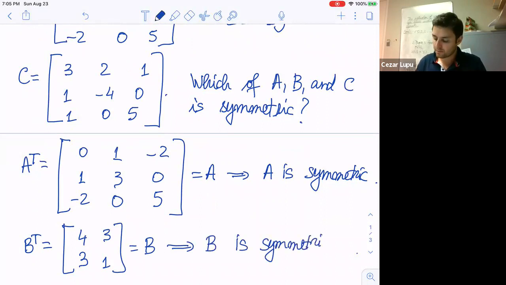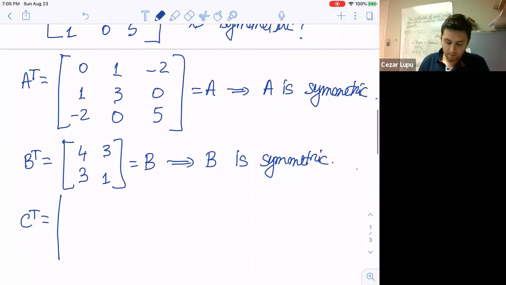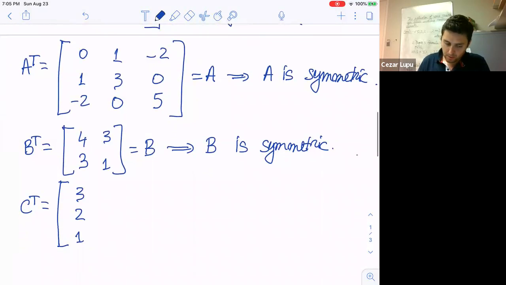And now let's look at the matrix C. Let's compute the transpose of this matrix. This would be 3, 2, 1, 1, -4, 0, 1, 0, 5.